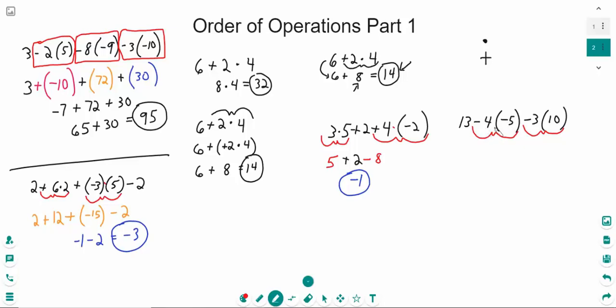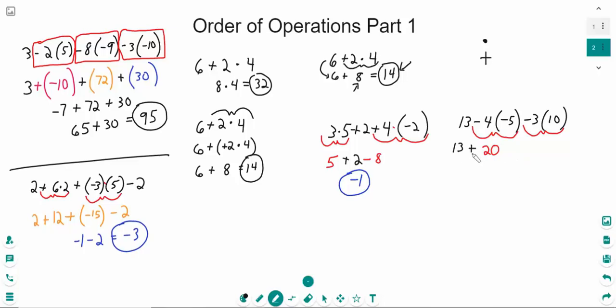So a negative 4 times a negative 5, a negative times a negative is a positive. 4 times 5 is 20. So we have this 20, right? And we still have, though, our 13 from the beginning. 13. And we're going to add the product here of these numbers, which is the 20. Remember, we're always adding.